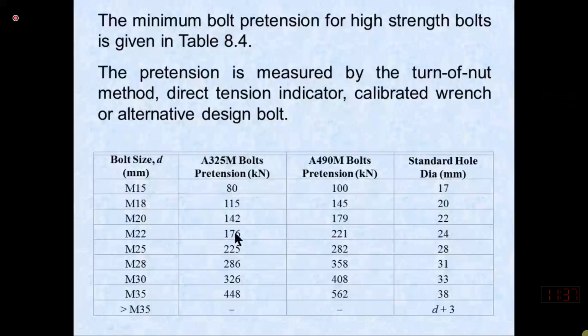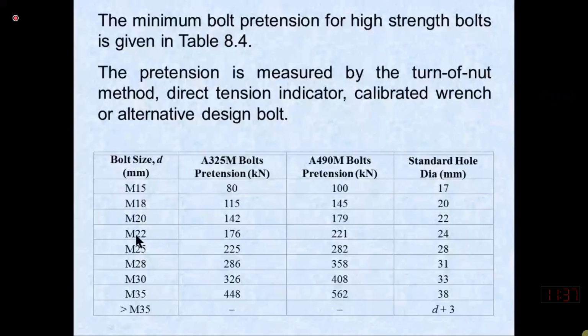Depending upon the strength of the bolt, we have two types of bolts available: one is A325M and the other is A490M.